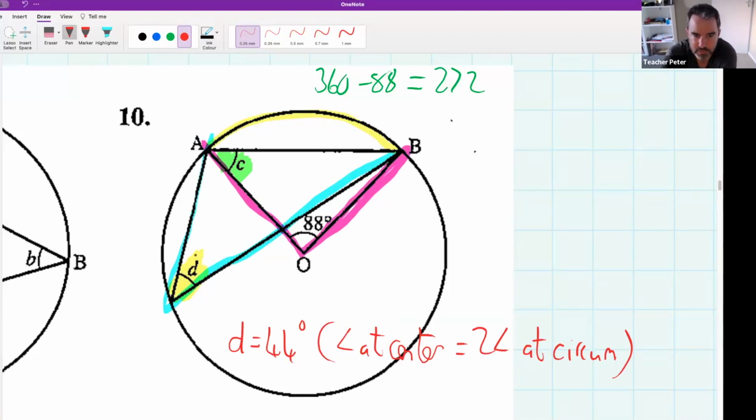Now, if we've got this is 44, how are we going to get C? I do notice something, though. Who wants to give us a tip? There's something about the pink which is catching my eye.